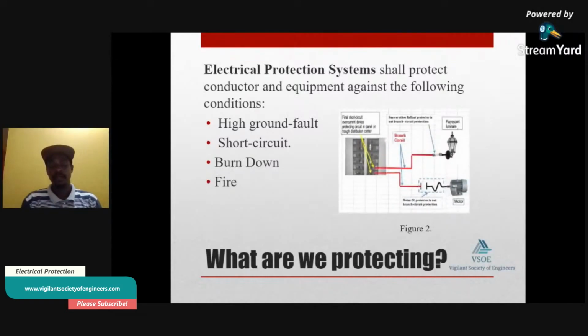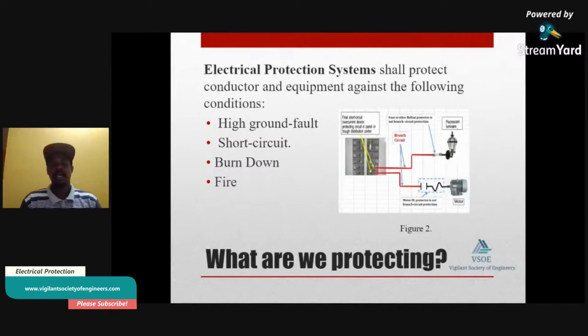When it comes to the system which we are protecting, we look at conditions of ground faults. A ground fault occurs between a live conductor and electrical ground. The ground could be a metallic surface, it could be an exposed grounded surface.